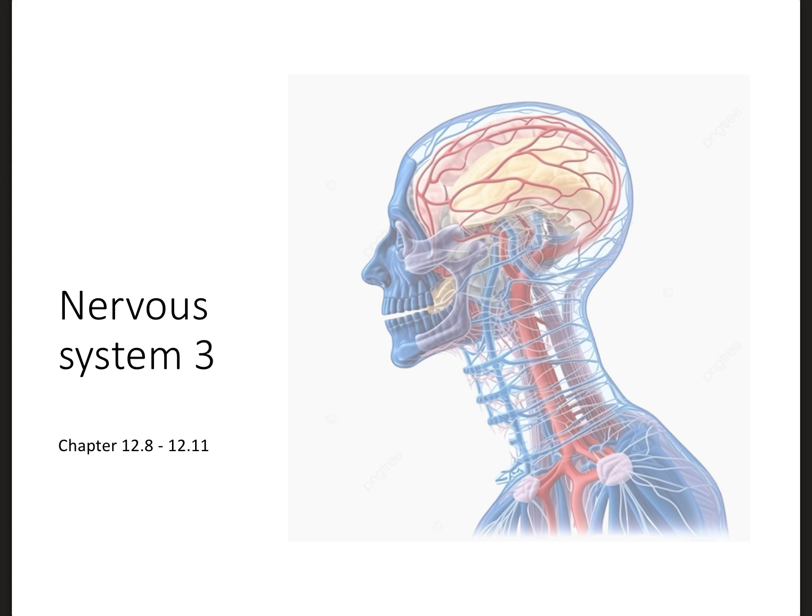If you are not clear on where the types of pumps and channels are in the neuron, you will be confused as we talk about today. So what types of channels are present in the receptive parts of the neuron?